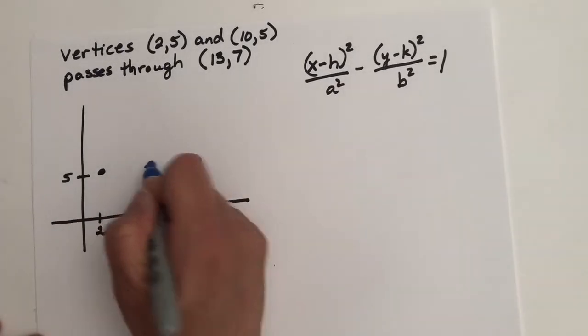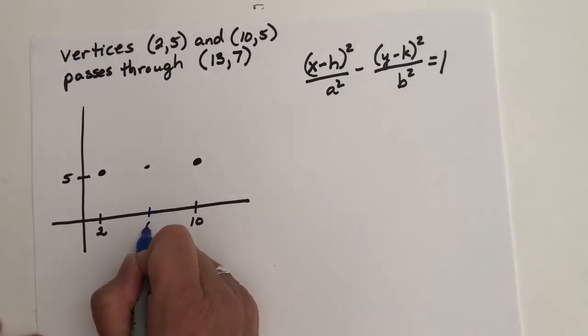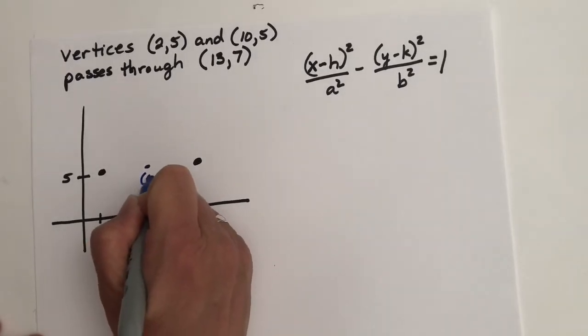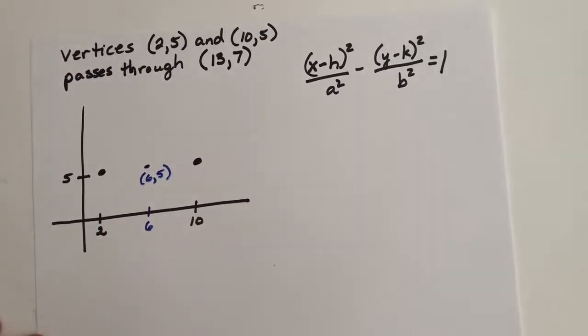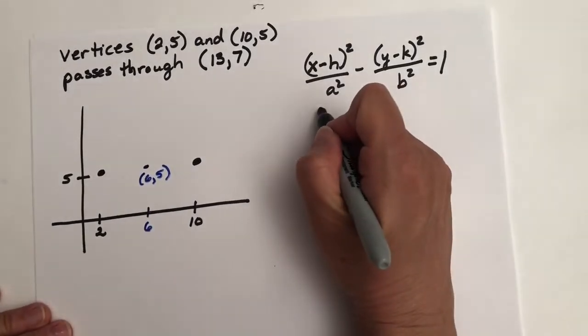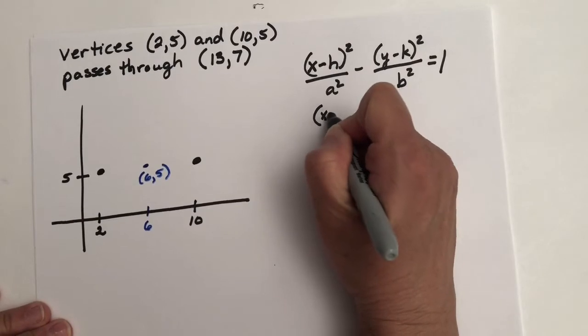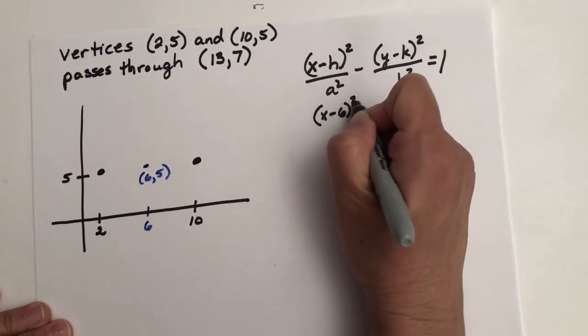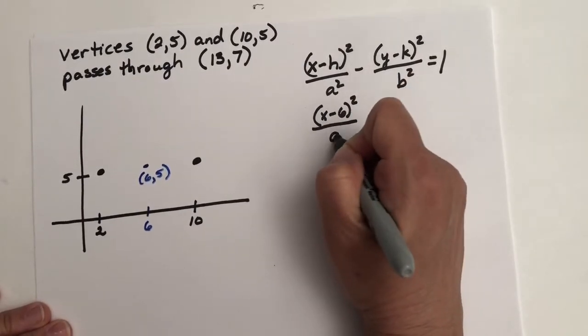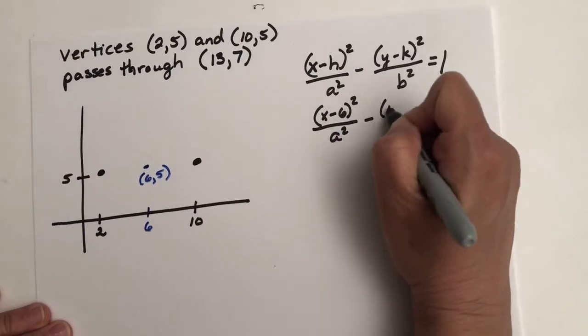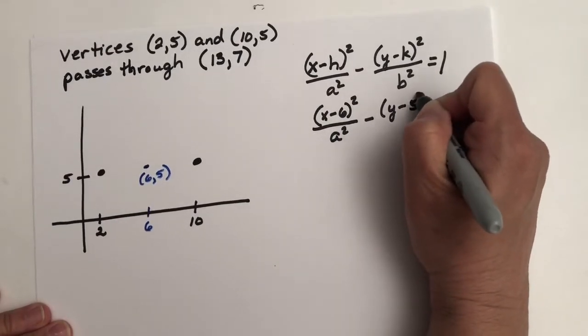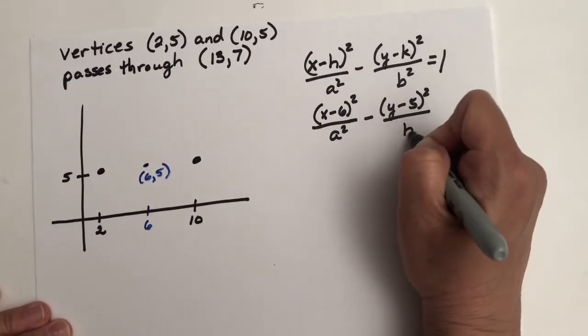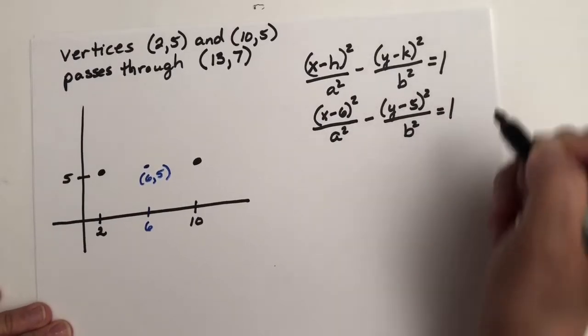So my center is at 6, 5. So we can put that into the equation. Why don't we do that? So we have x minus 6 squared over a squared minus y minus 5 squared over b squared equals 1.